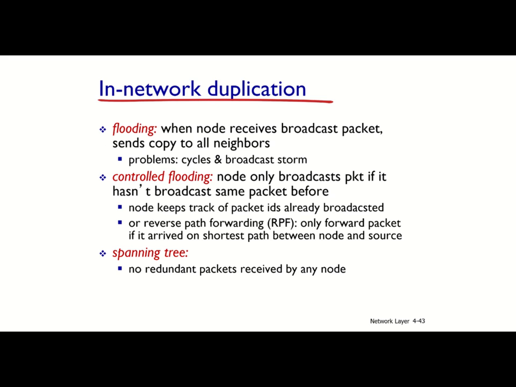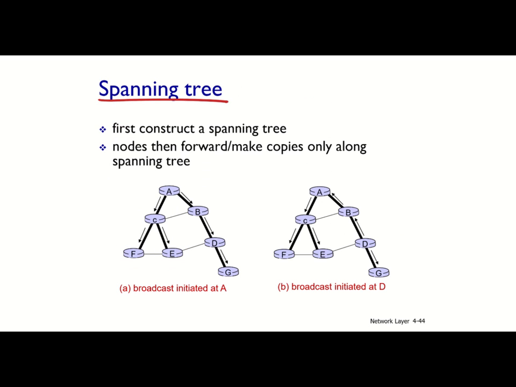I'm going to show you what a spanning tree means in the next slides, but in summary, a spanning tree is a subgraph of a graph that is acyclic, and it is connected, and it contains or spans over all the nodes in the graph. Here is an example of a spanning tree. If this is the original graph, the broadcast should happen on a spanning tree that looks like the one that you see on the right.